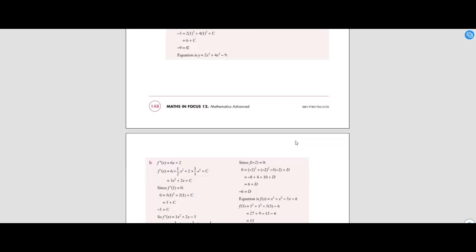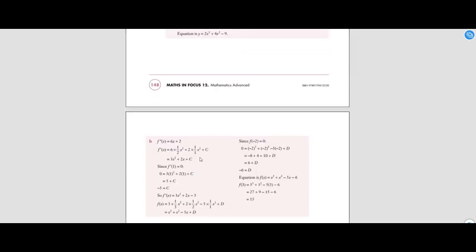Then the second question: they give f double prime, that is the double derivative. It's a derivative of the derivative, right? So the antiderivative means you're going back one step.